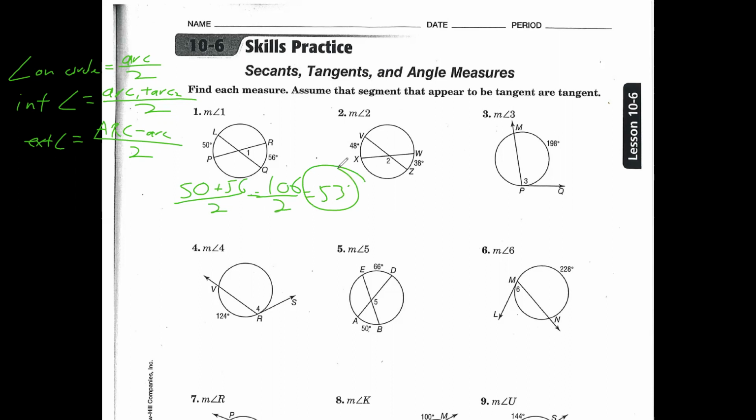Then on number 2, same thing. 48 plus 38 divided by 2. 48 and 38 gives us 86, divided by 2 is 43. Is that our answer? No. 43 is this angle and this angle.